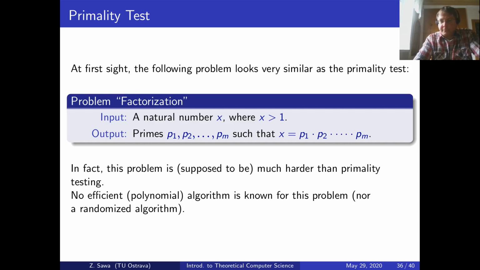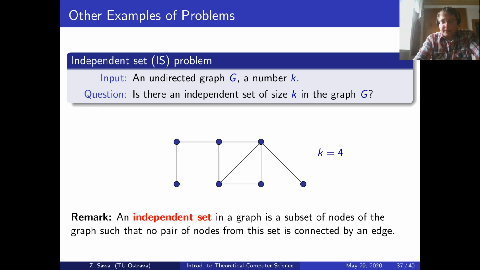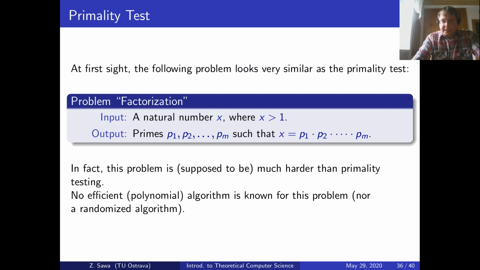If there would exist some efficient way to factorize numbers, it would immediately mean that these ciphers could be easily broken using such an algorithm. But as I said, so far no efficient algorithm is known for that.